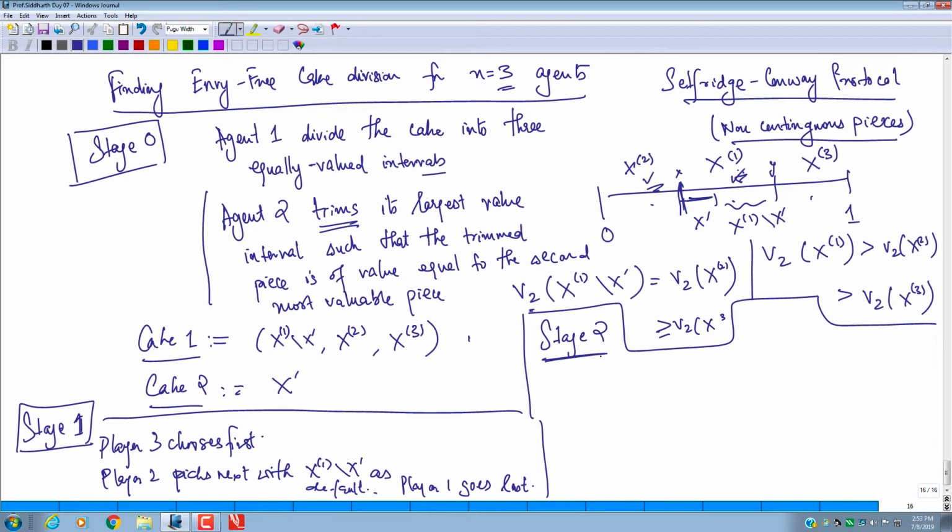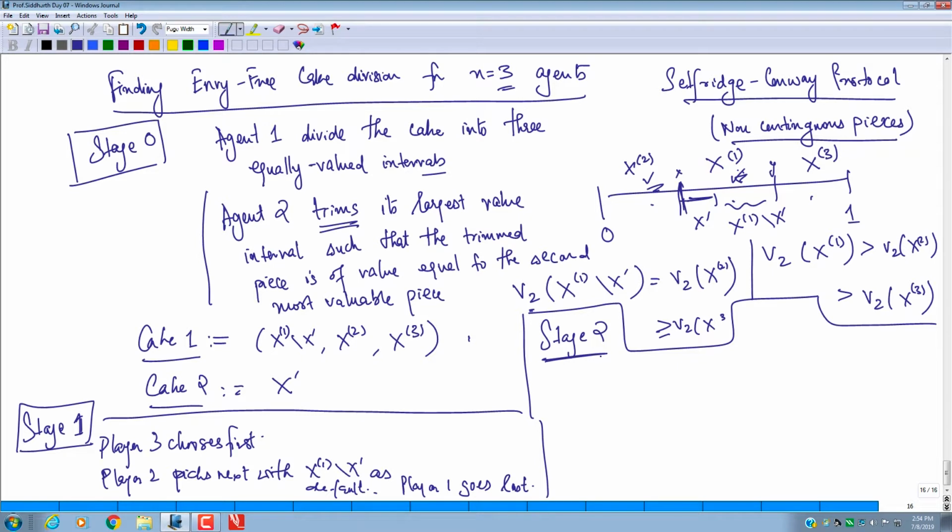Okay, so stage 1 is the division of the trimmed cake. We have painfully argued that this will lead to a division which is envy-free. So if I stop now and don't worry about x prime, I'm golden. What will end up happening is in fact an envy-free allocation.